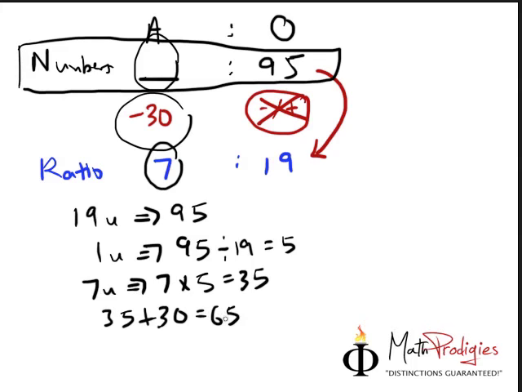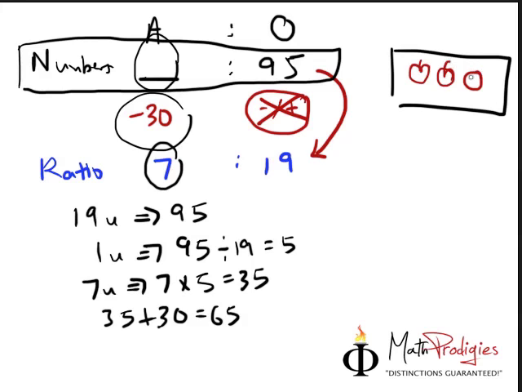I'm going to explain a bit just in case you get confused. Imagine this is a crate with apples. What is an apple's color? Red. So I'm going to draw some apples: 1, 2, and 3. Let's say I sold away 1.